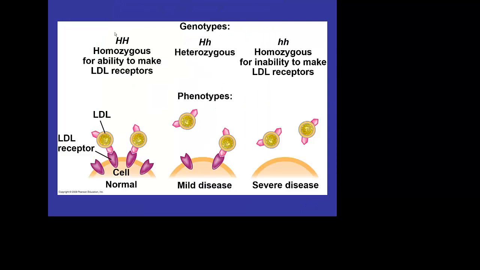We see this in disease as well. This disease is actually associated with your production of cholesterol. So when we look at this production, what we are concerned about is having high cholesterol levels. LDL is bad cholesterol.